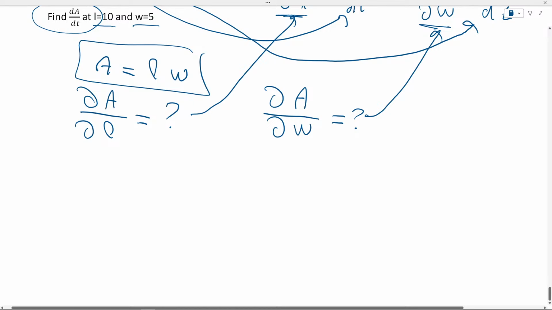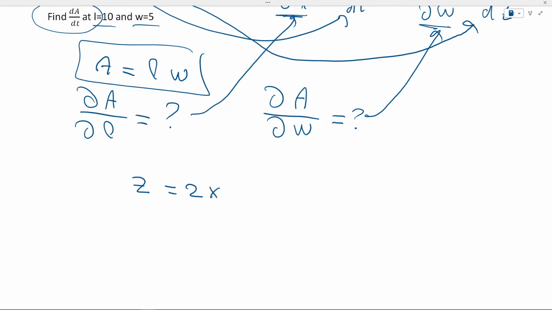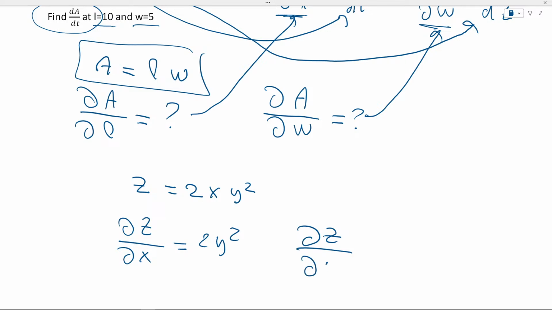If I'm telling you z is equal to 2xy squared, and I told you to find partial z with respect to x, z would be 2y squared, and if I told you partial z with respect to y, that would be 2 times 2, so that would be 4xy. Yeah, because this is constant and this is constant, and that's how you do it.